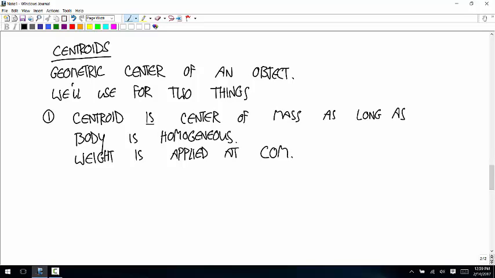The second thing we'll use it for is for distributed loads. In most of our problems, well, all of our problems so far, I guess, we've treated all forces like they're acting at a single location, just a single point force. But real forces don't do that.